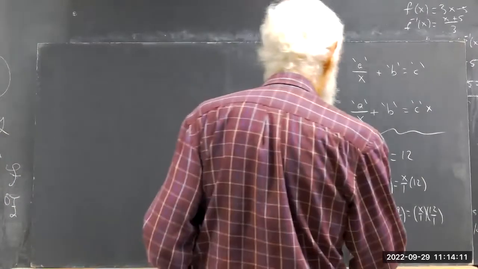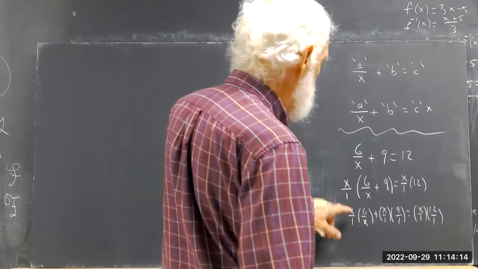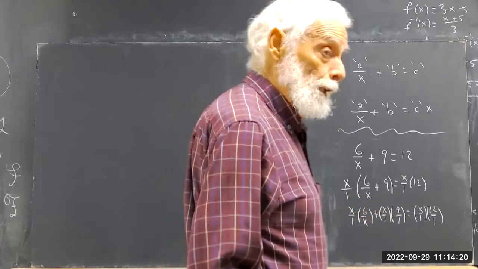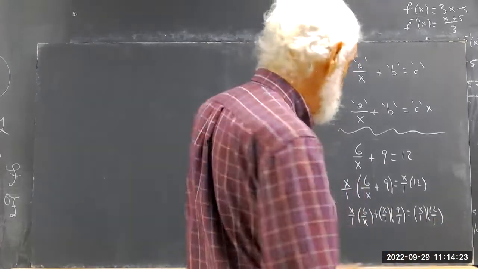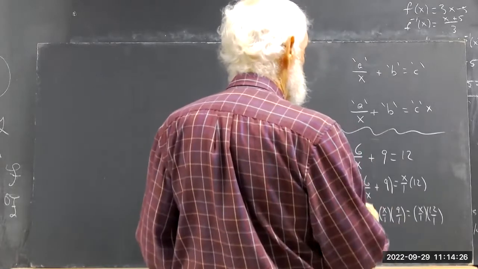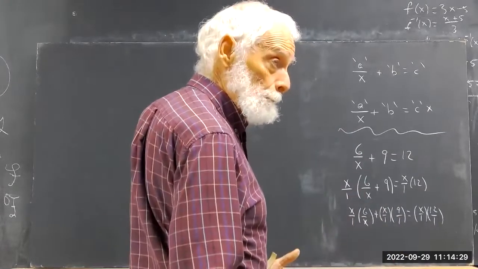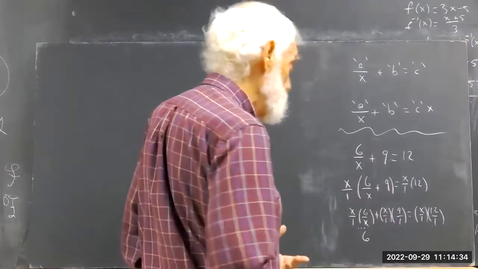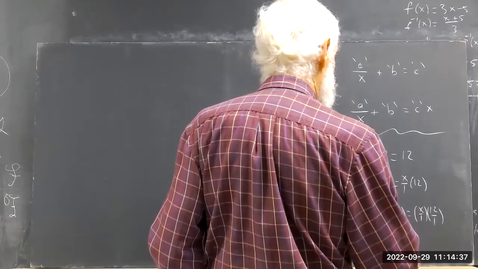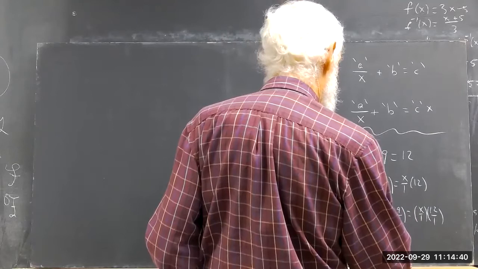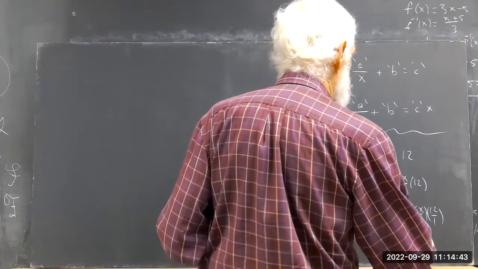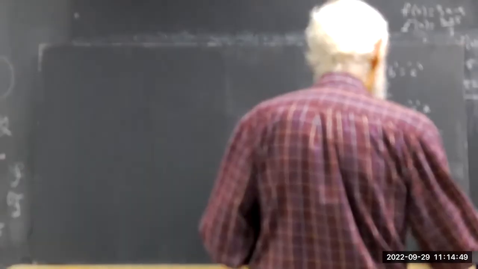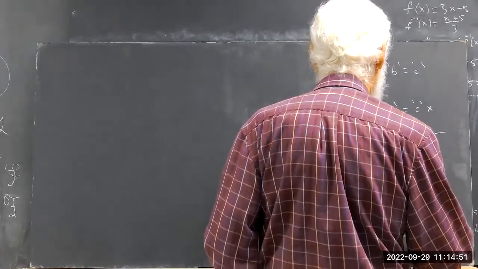Now we know that we can rearrange this as x over x times 6 over 1, because the product of the numerators and the product of the denominators will be the same after we rearrange it. And x over x gives us 1, so we're just going to end up with 6 multiplied and divided by 1. That just gives us 6. So I'm going to put 3 dots there for those steps. And x over 1 times 9 over 1 is 9x over 1, and dividing by 1 gives you 9x. And similarly, x over 1 times 12 over 1 gives you 12x.